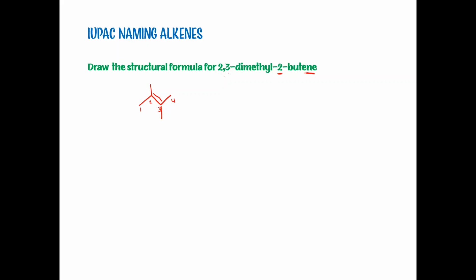Next one, we want to know what's wrong with this name, 1-methylpropene. We're going to draw our 3-carbon chain because propene is 3. We have a methyl on 1, and we would have our carbon double bond on 1 as well.